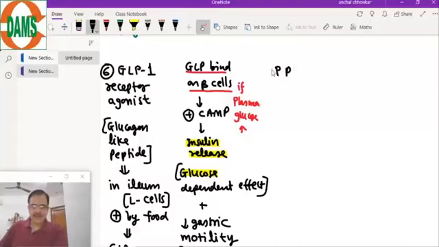This is the main effect of the GLP-1 receptor agonist. Hypoglycemia is not seen with this agent as it is a glucose dependent effect.